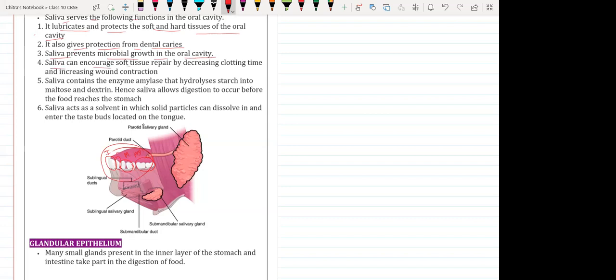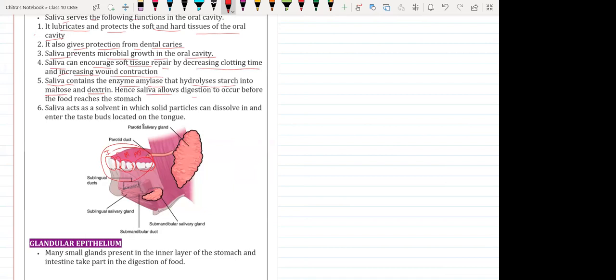Saliva can encourage soft tissue repair by decreasing the clotting time and increasing wound contraction. So it also helps in the recovery of mouth ulcers. Saliva contains the enzyme amylase, which helps in the digestion of maltose and dextrin.